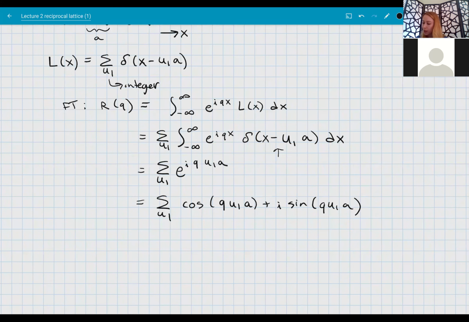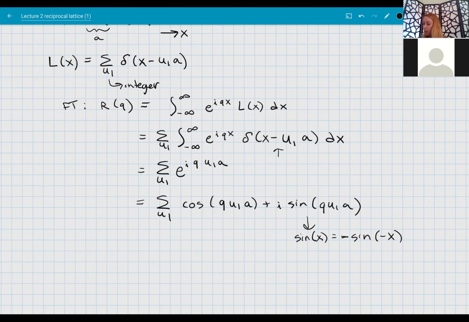So we can make a simplification at this point. We're only going to keep the cosine terms, and this is because the sine terms will end up averaging out to 0. As a reminder, we are summing over all of the integers u1, negative integers and positive integers. And sine is an odd function, so sine x is equal to negative sine of minus x.